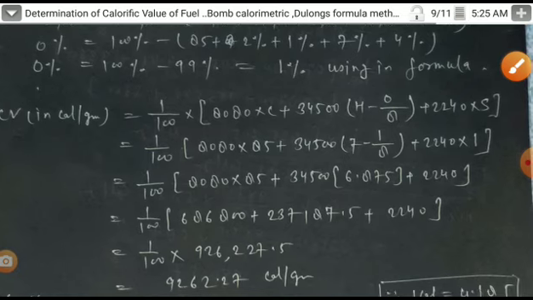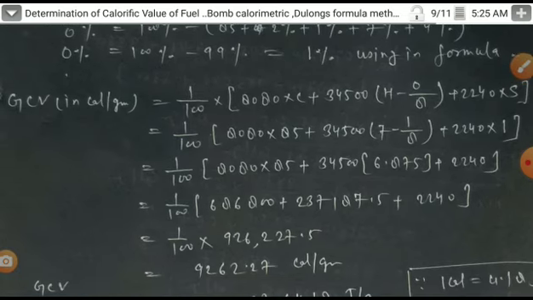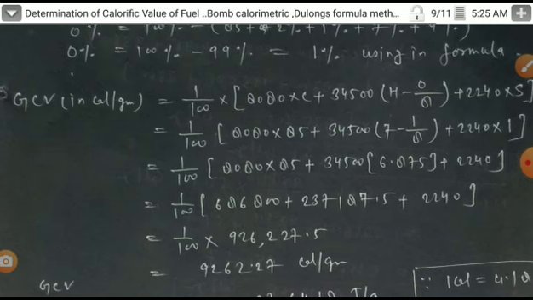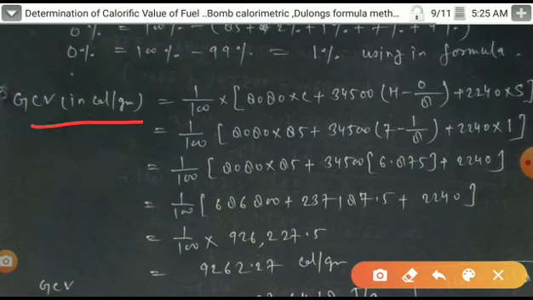Now put all the values in the formula used in Dulong's method, that is GCV in calorie per gram: GCV is equal to 1 by 100 into 8080 into carbon percentage, plus 34500 into hydrogen minus oxygen by 8, plus 2240 into sulfur.